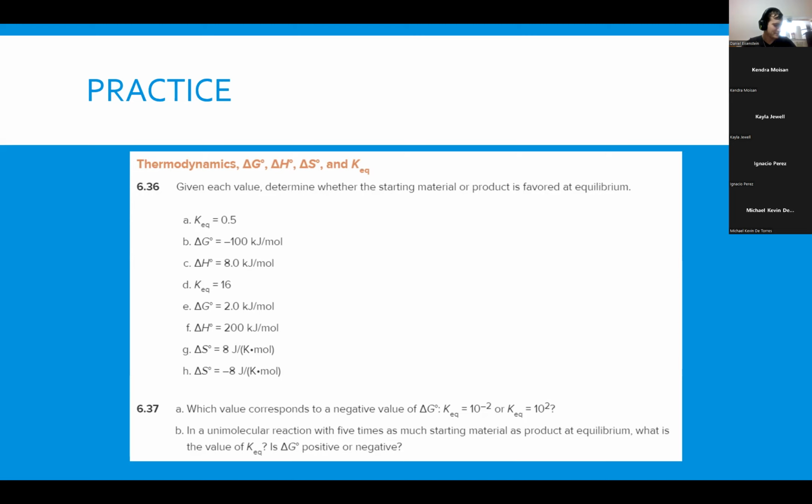Ooh, and he gave an explanation. Yeah, reactants, because it is endothermic.